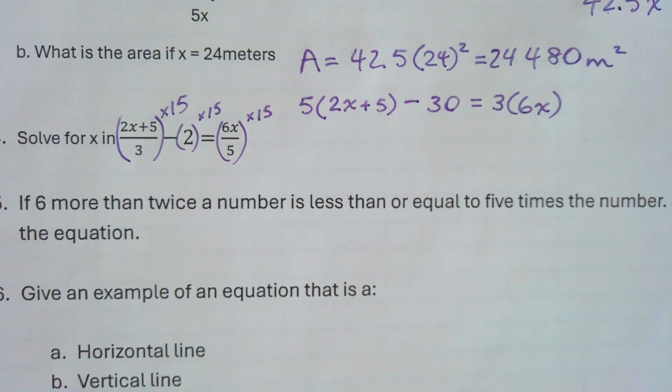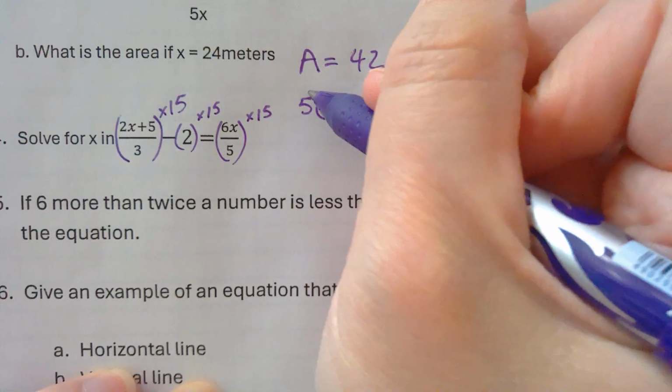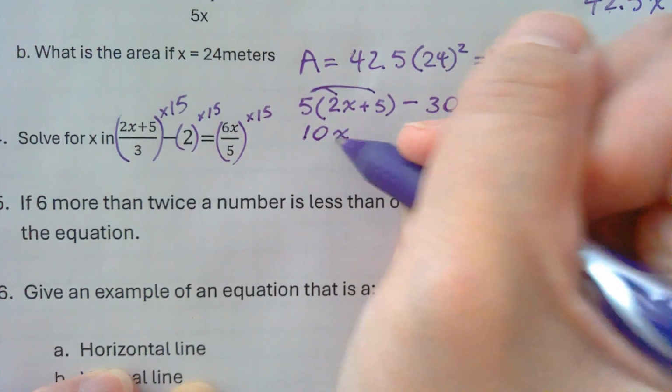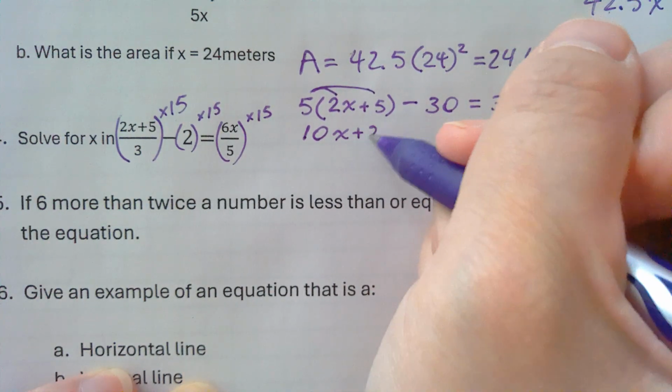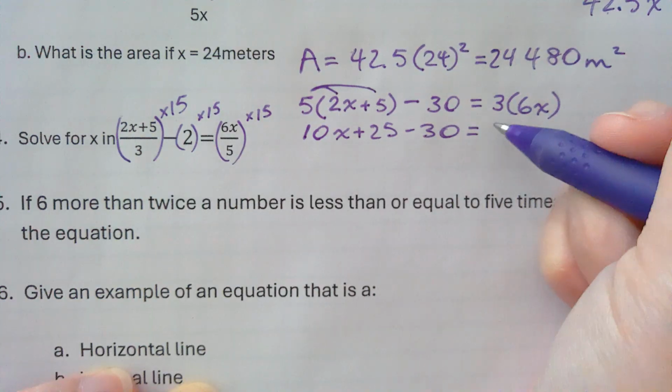Okay, so just like that, no more fractions, nice single line. Now I distribute, so times that 5 in, so 5 times 2x is 10x, 5 times 5, 25, and then 3 times 6x is 18x.